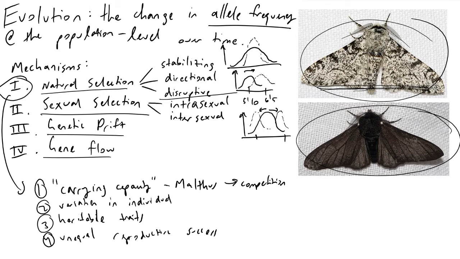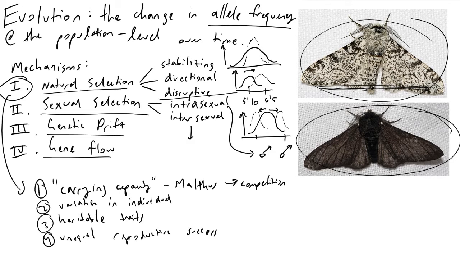What happens in intrasexual selection, if we look at what the Latin means here, intra means within. So intrasexual selection refers to when you have two males competing against each other for a female. And so you see this with frogs, and this is what intrasexual selection refers to.